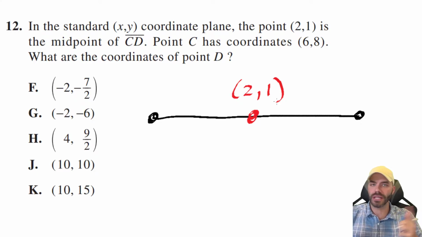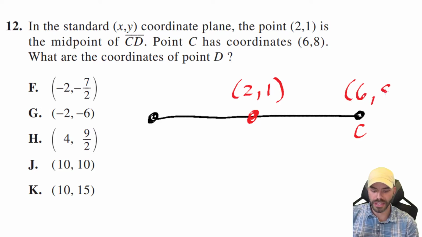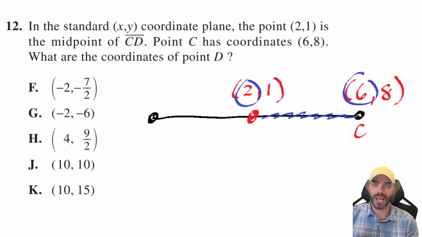Okay, there's the midpoint. One of our other 2 points is 6, 8. Now, you can put it on either point you want, but if you consider the X values as being the X horizontal axis, technically point C would be right here. So we'll put 6, 8. And now just think to yourself, since 2, 1 is the midpoint, then what's the distance to get from 2 to 6 going this way? You would add 4, and so we need to subtract 4 going this way.